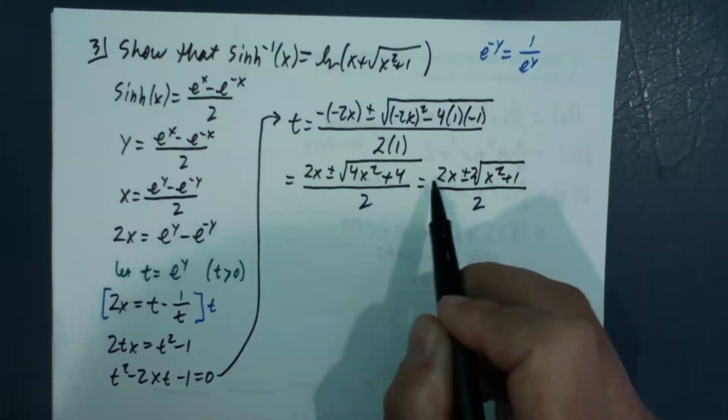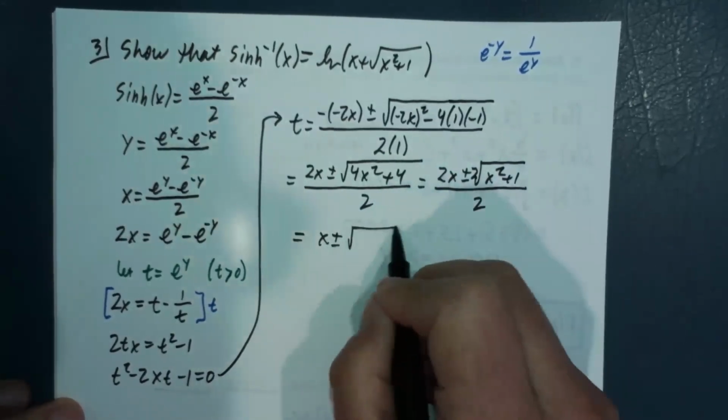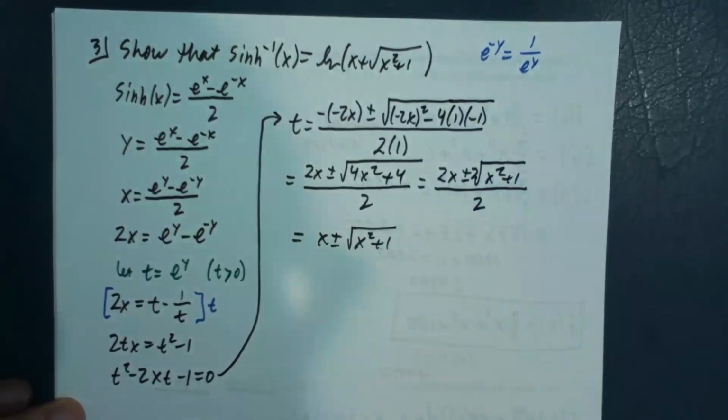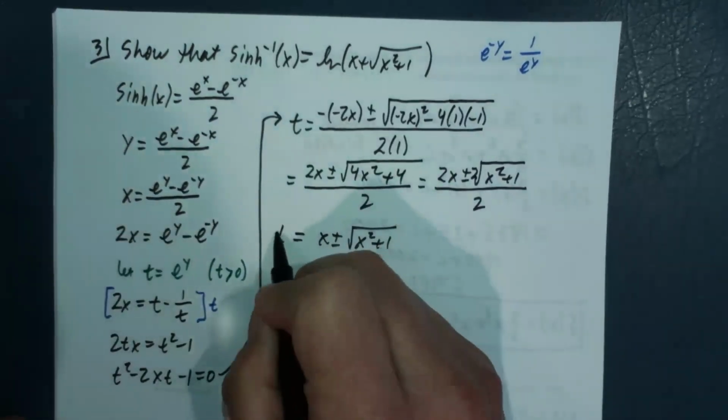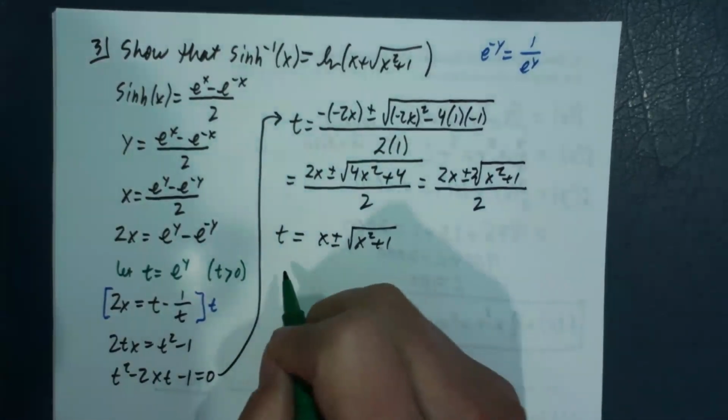And you can see I can pull out a 2 and reduce that out, and this becomes x plus or minus the square root of x squared plus 1. Now remember, this is t. And if you remember, t is e to the y.